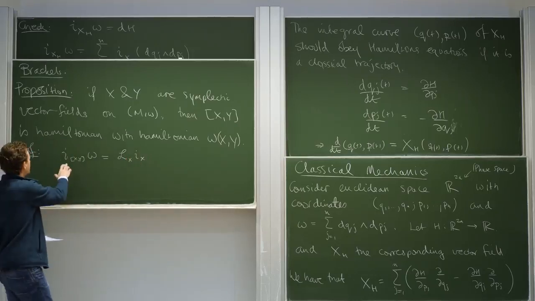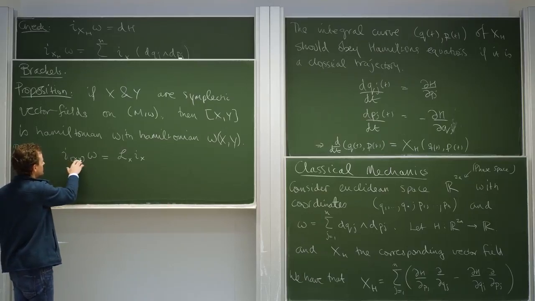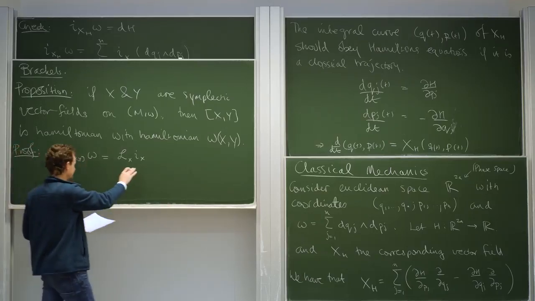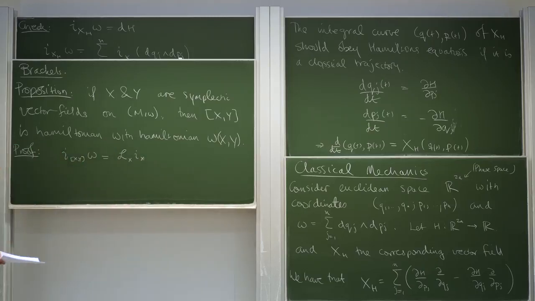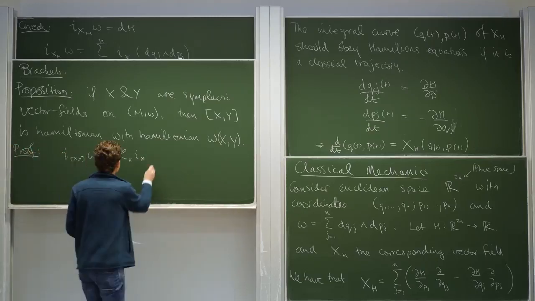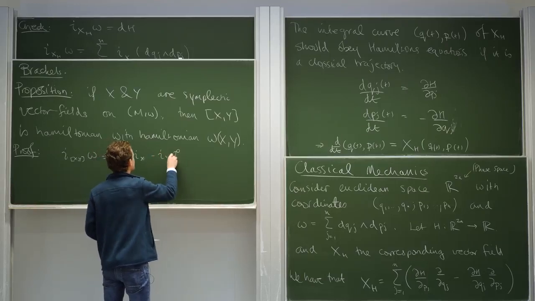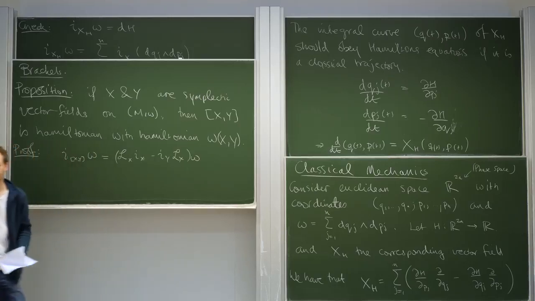So the internal product of a bracket is Lie x internal y, minus internal y Lie x. It's an identity we worked out in the previous lecture to do with the internal product.